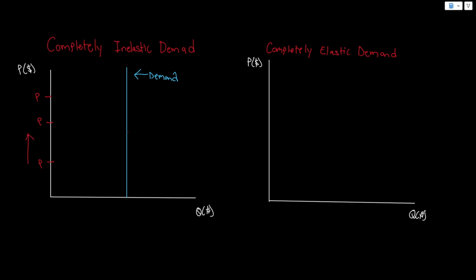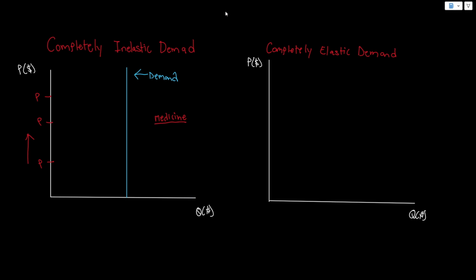So this does not move. A good example would be medicine, where even if they increase the price, you're still going to need the medicine and the demand is not going to change for it. Although it might not be completely inelastic, it's a pretty good example of this.